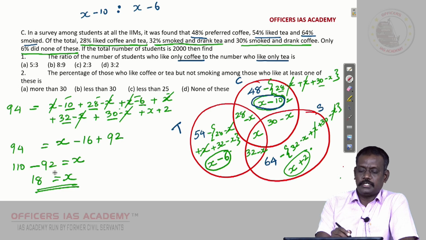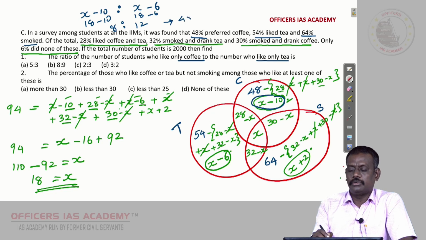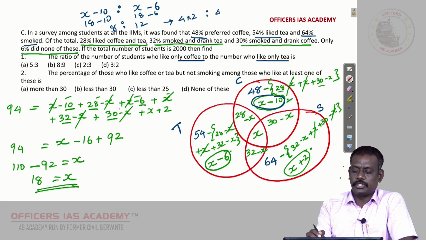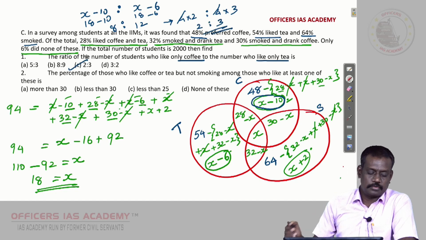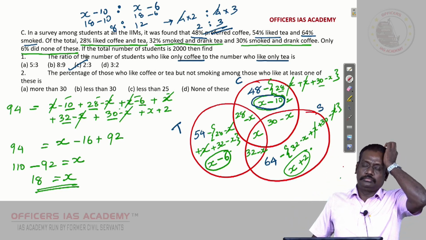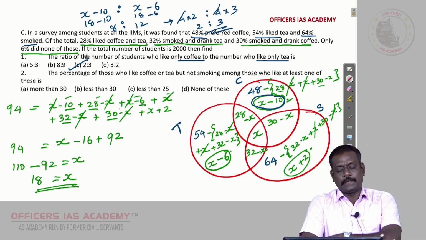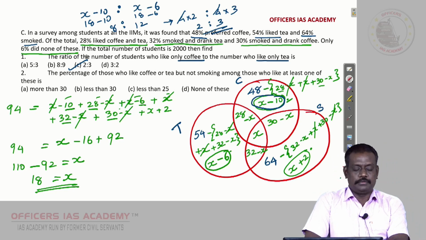You know x value is 18, so 18 minus 10 is 8 is to 18 minus 6 is 12. So this can be written as 4 into 2 is to 4 into 3. 4 and 4 get cancelled, you will get the ratio 2 is to 3. So this will be the answer for this problem. Understood, children? 2 is to 3. Clear?